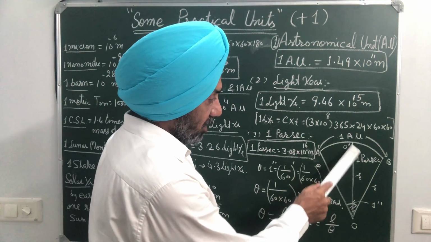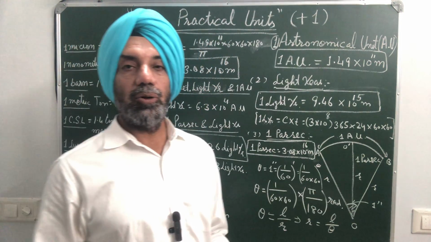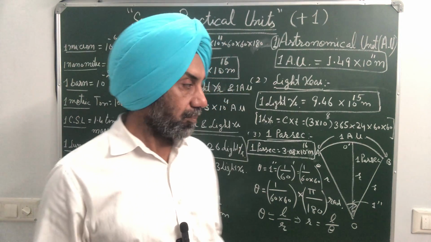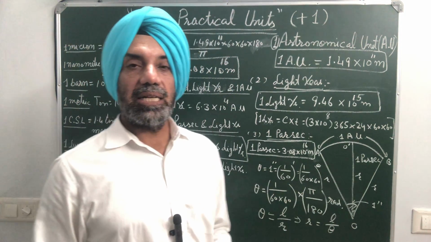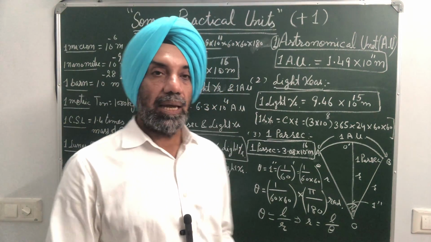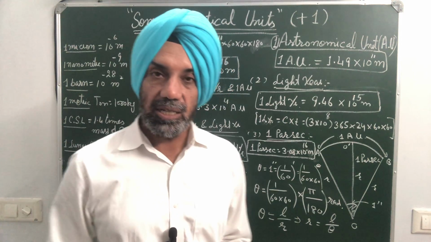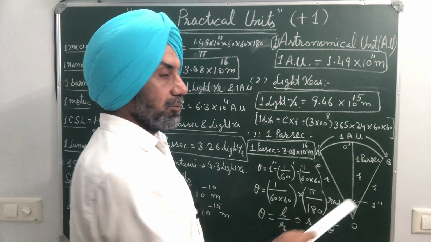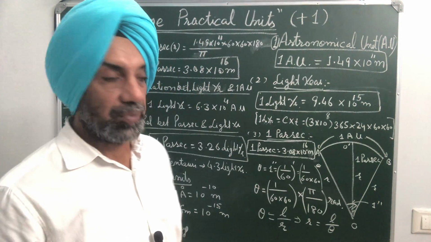Then this distance OO dash will be equal to 1 parsec. So 1 parsec is defined as the distance at which an arc of length 1 astronomical unit subtends an angle of 1 second. So it is also a unit of distance.